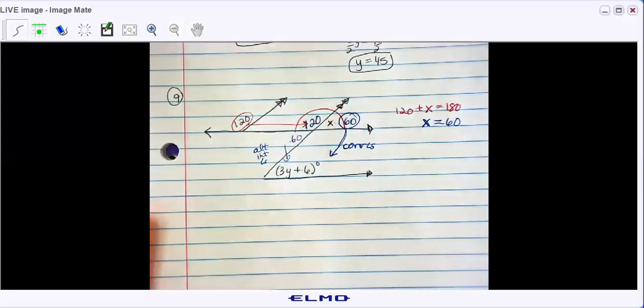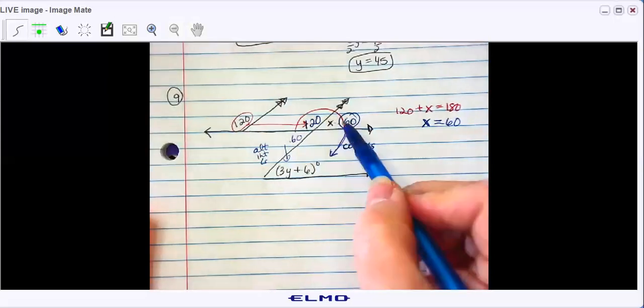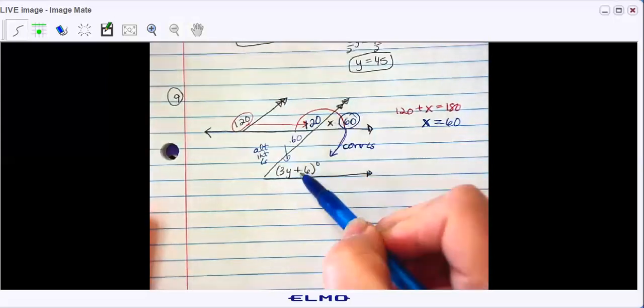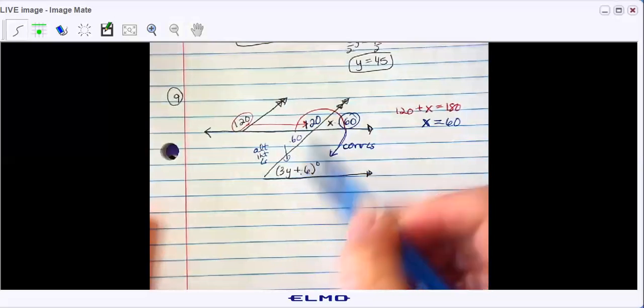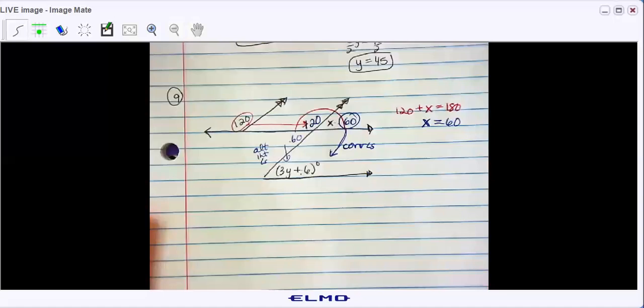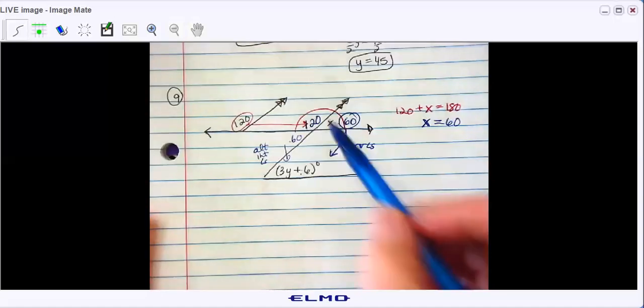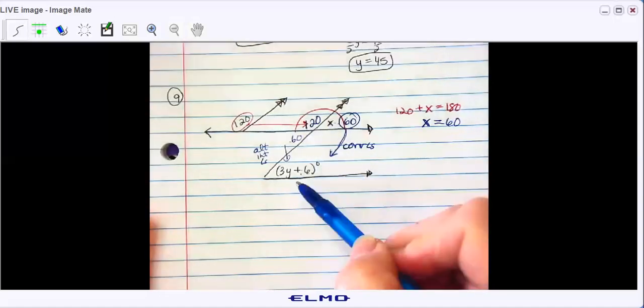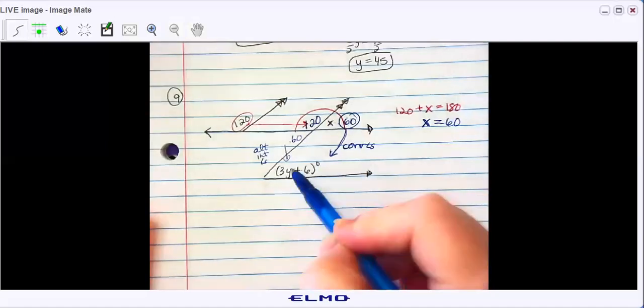Okay, so if you can justify it, do it. But if I ask you specifically, what is the relationship of these, you need to know that it's corresponding. But in order to solve, however you can get there is fine. These are vertical, those are alternate interior. These are corresponding, you're there.